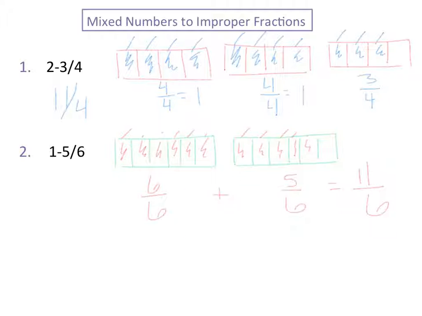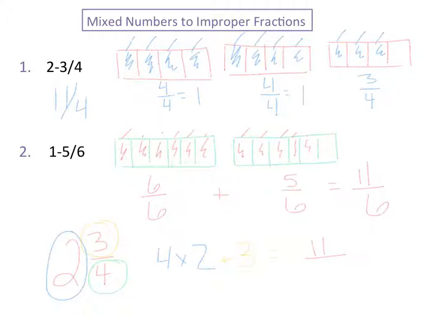Now this is still a little time consuming, so let's go back to our first mixed number and I'll show you a faster way. My first mixed number was 2 3/4, or fourths. Now notice, if I multiply my denominator times my whole number, I get 8, and then I'm going to add my numerator: 4 times 2, which is 8, plus 3, which is 11.